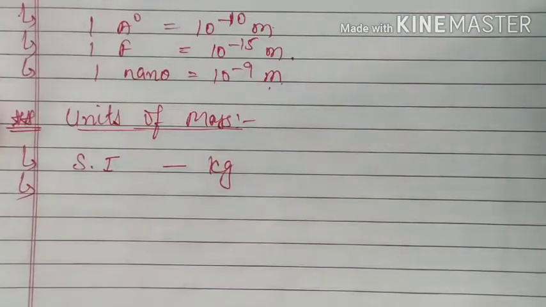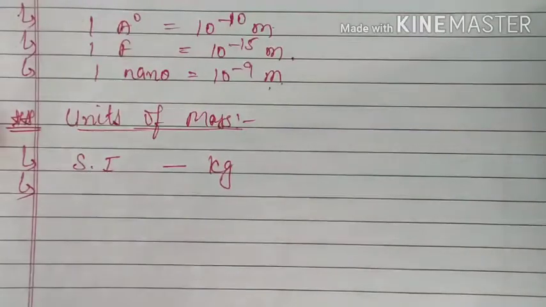As we have seen for the length, with respect to same things we will see the definition for mass. In length we said that one platinum iridium rod is kept in the International Bureau and 2 markings are there on that rod, and the distance between both markings is known as 1 meter length.